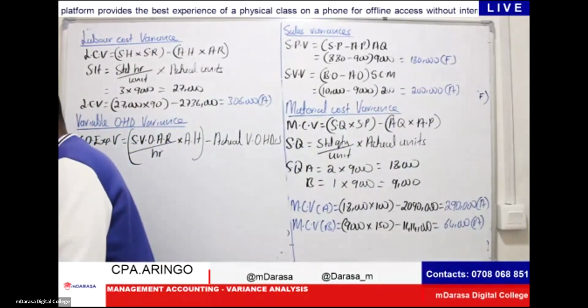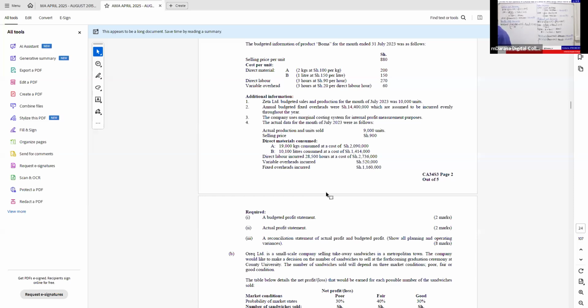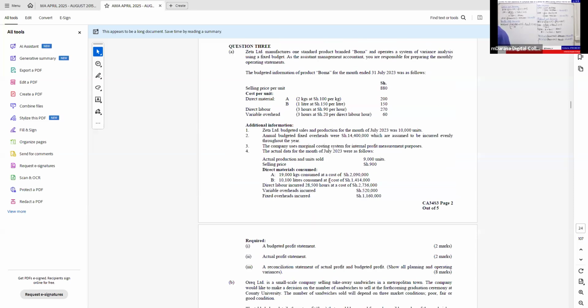So, if you check in our question, my good students, for variable overhead we are given 3 hours at 20 per direct labor hour.